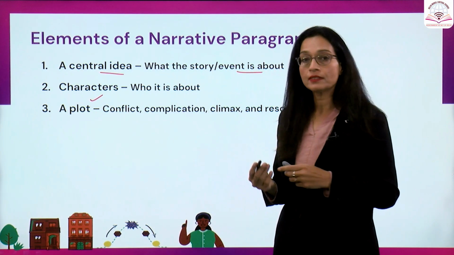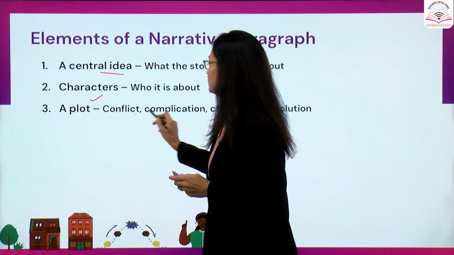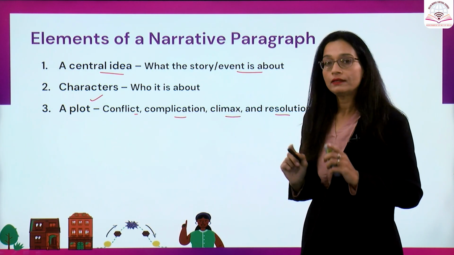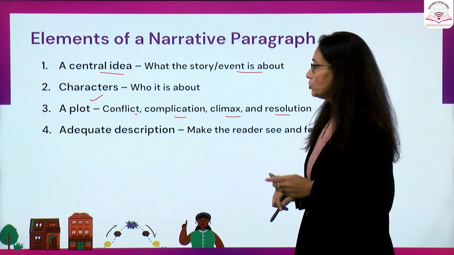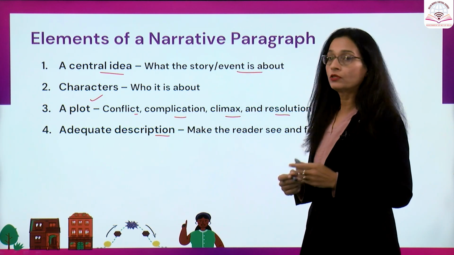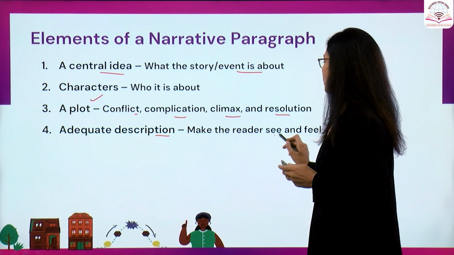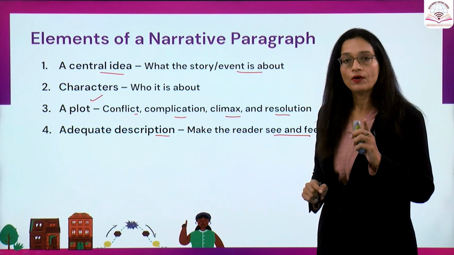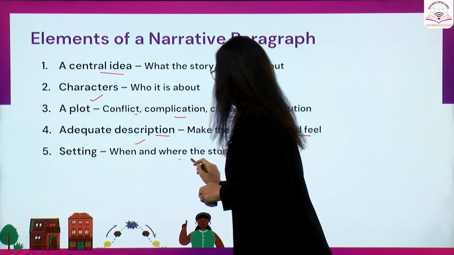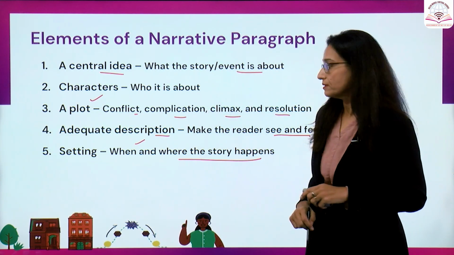The plot consists of the conflict, the complications, the climax, and finally the resolution. There should be adequate description. It helps the readers to see and feel what you want to make them see or feel. Then the setting, when and where the story takes place.